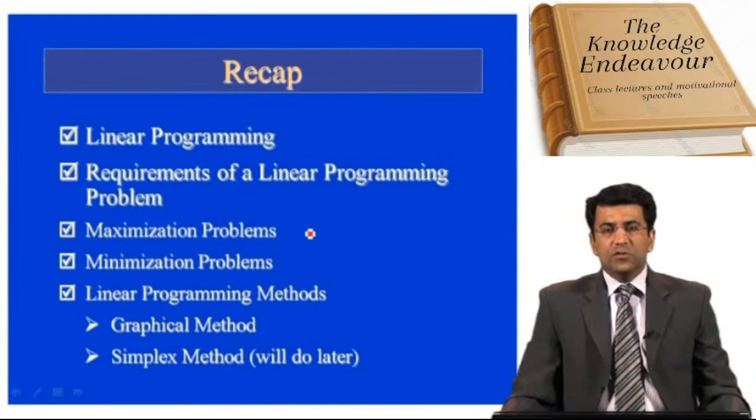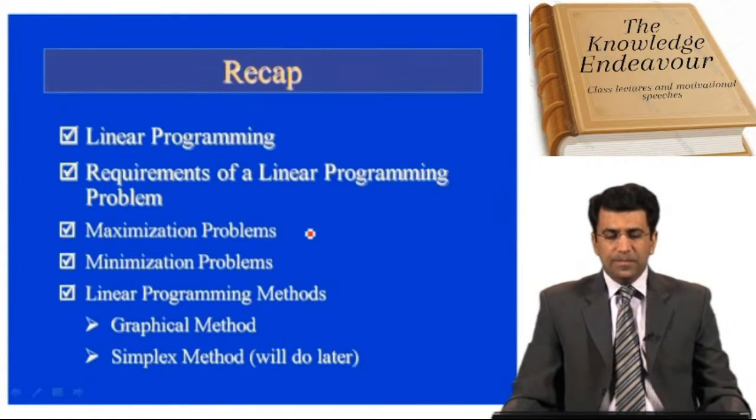Now these constraints should also be represented in the form of equations or inequalities. So by analyzing a particular problem and situation, we will have to convert our constraints into equations or inequalities. Then there are also non-negative constraints.